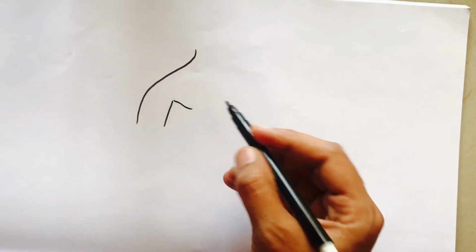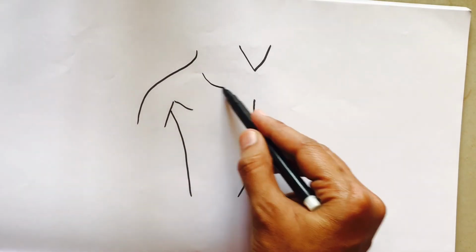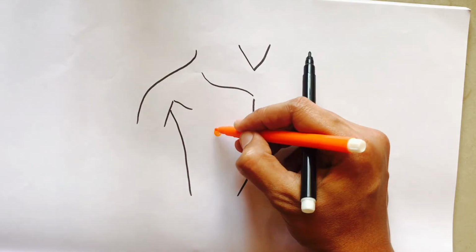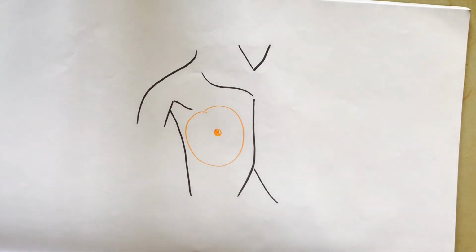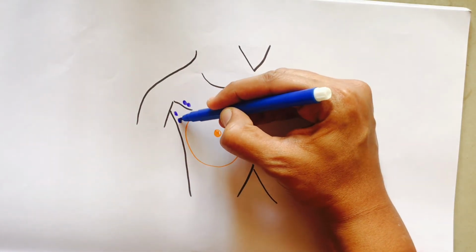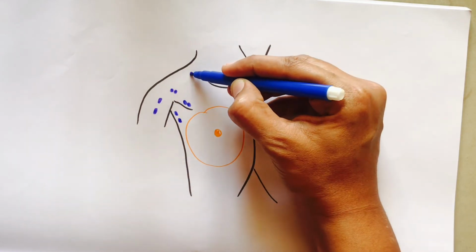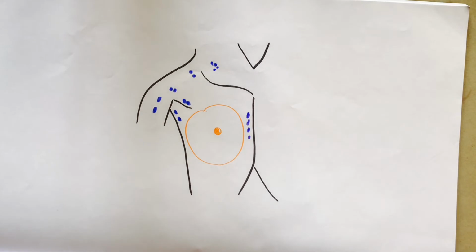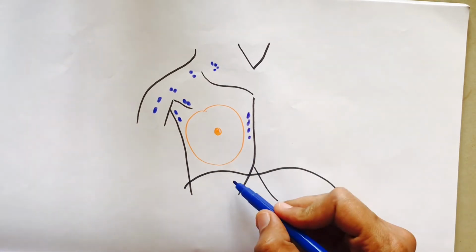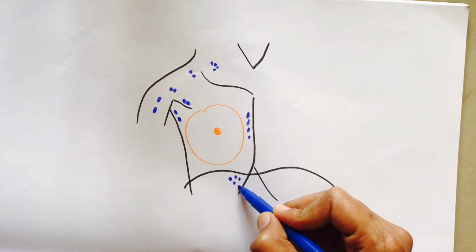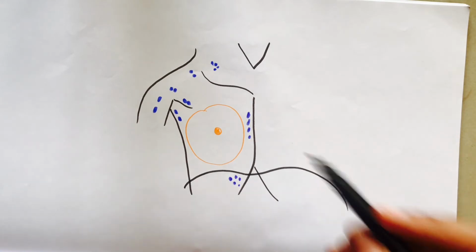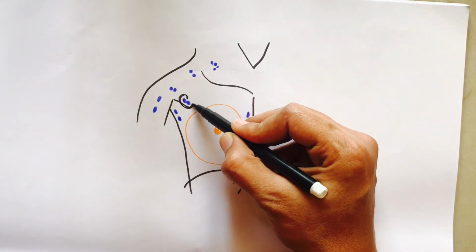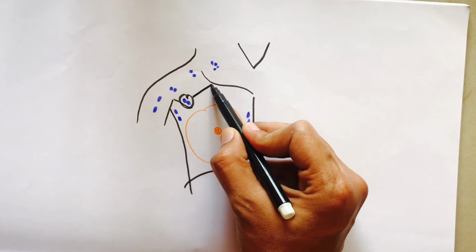Now moving on to the lymphatic drainage of the mammary gland, which is very important surgically. Generally the lymph nodes are divided into axillary group, internal mammary group, supraclavicular, subdiaphragmatic, and deltopectoral nodes.